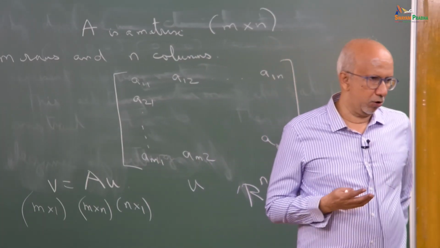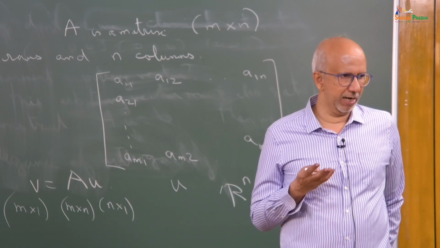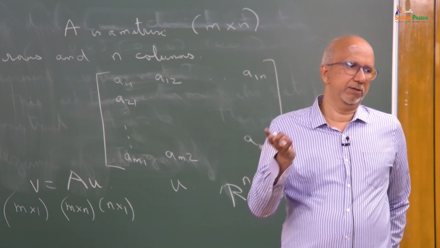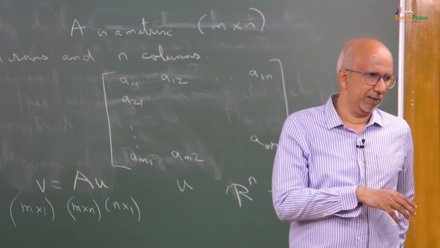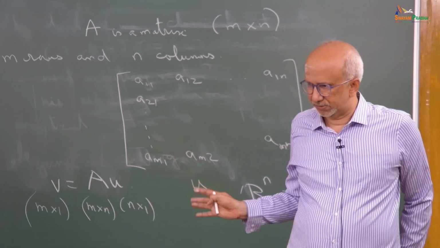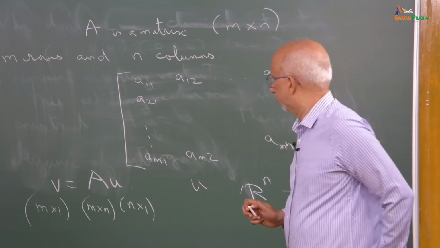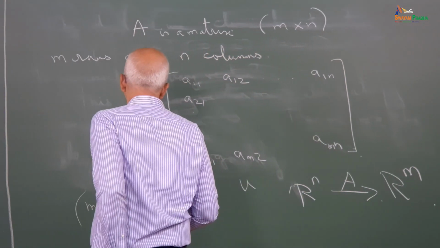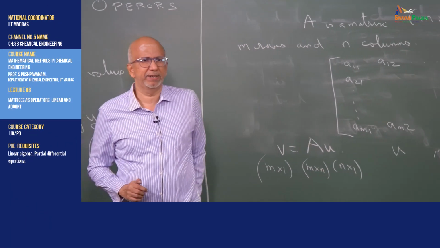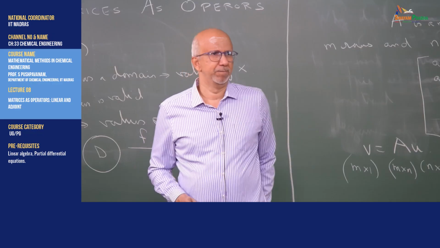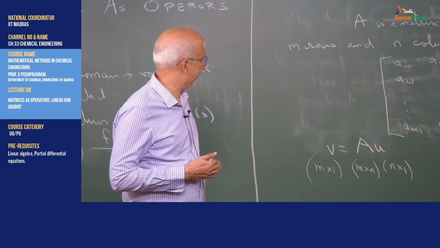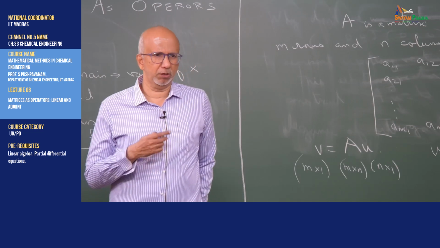It operates on vectors in Rn, n dimensional vectors, and it gives me vectors in Rm, an m dimensional vector. Okay. So just like what the function does. And the only thing we are interested in is looking at the properties of this thing in a kind of generalized setting like we did.